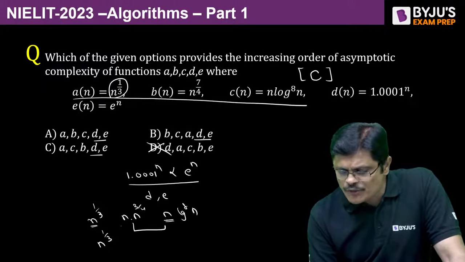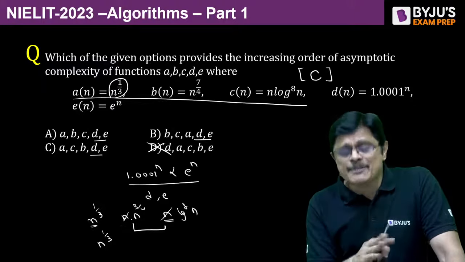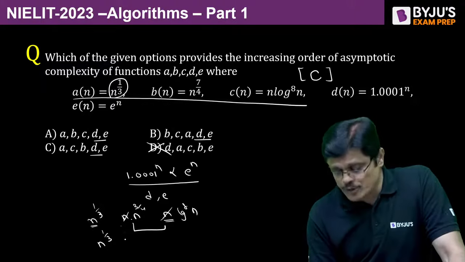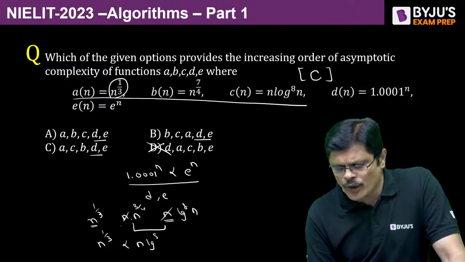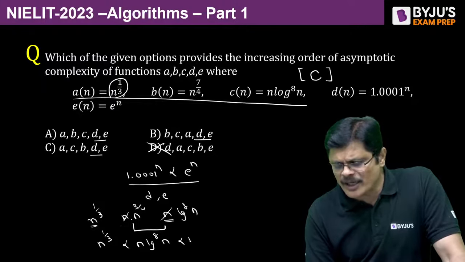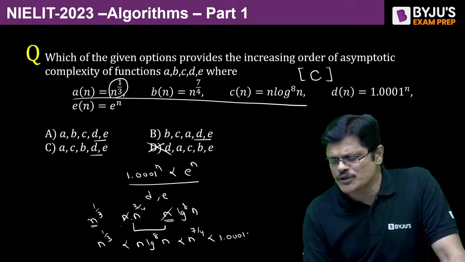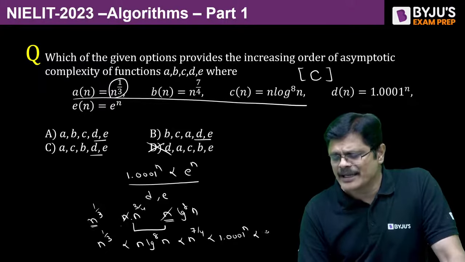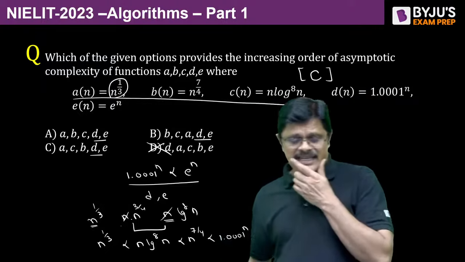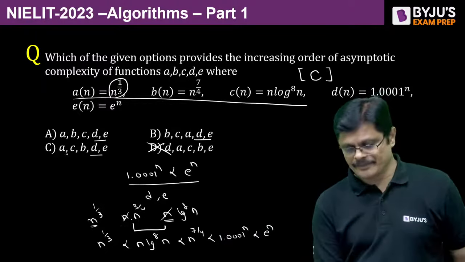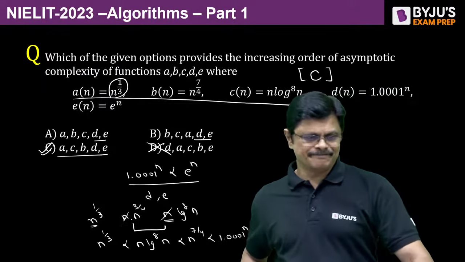Out of the other two, if you remove the factor n, log^8 n is smaller than n^(3/4). So the correct order would be n^(1/3), then n log^8 n, smaller than n^(7/4). That will be smaller than 1.0001^n, which is less than e^n. That is C less than A less than B less than D less than E. C is the correct option.